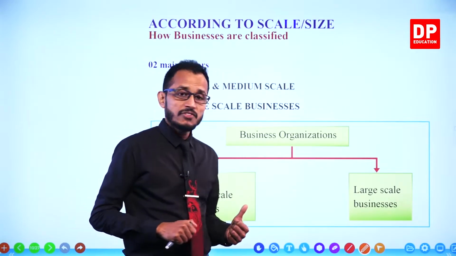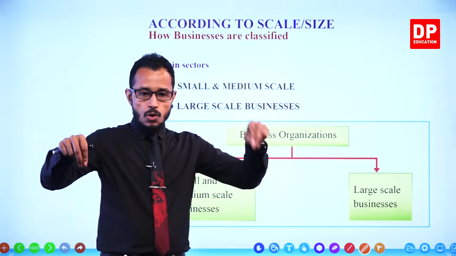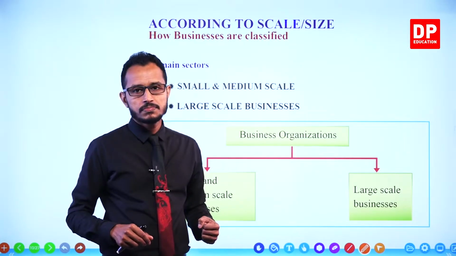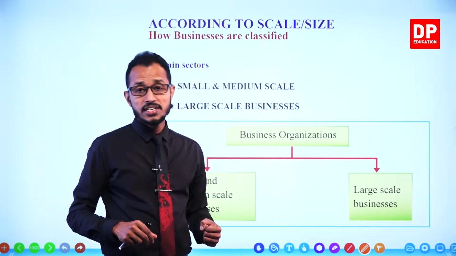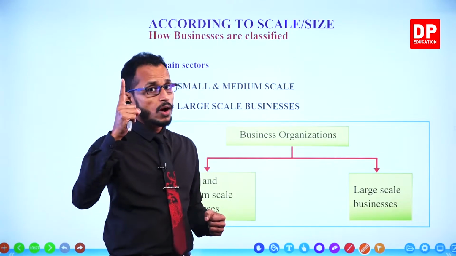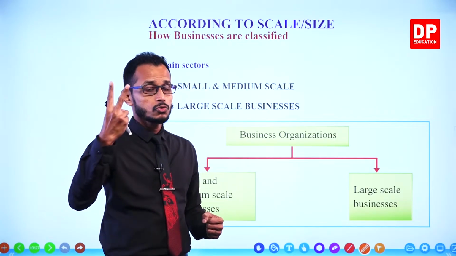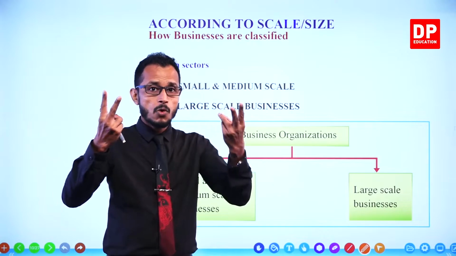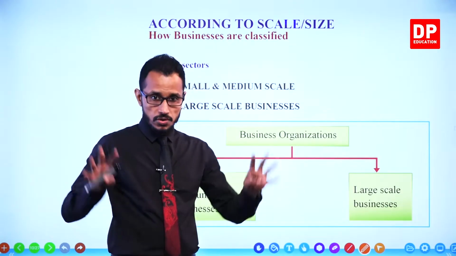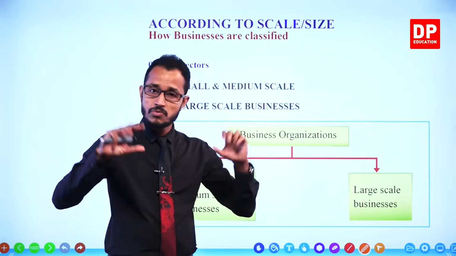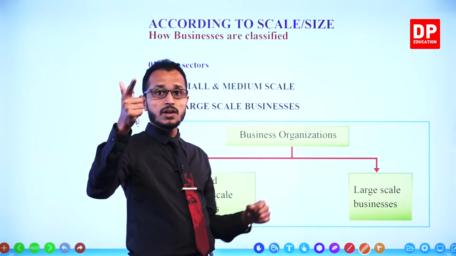And we talked about multiple owner business organizations, started by not one, but two or more owners, maybe 10, maximum was 20.